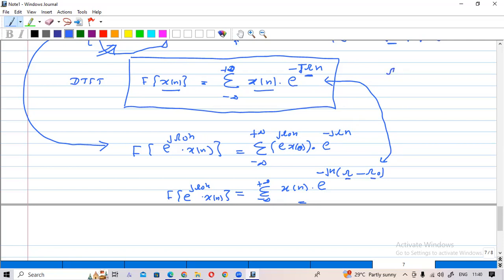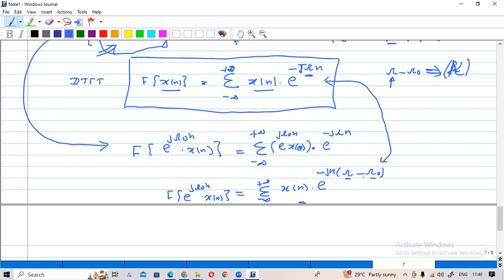So omega minus omega naught also will be a variable. It can be any variable, we don't know, like k or something, it can be any variable, okay?